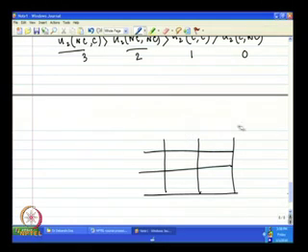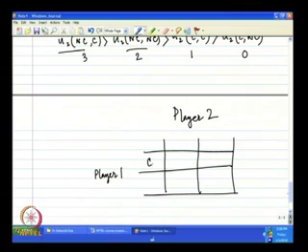Let me write it somewhere else. And here player 1 is situated here, player 2 is situated here, this is the first row, first column, second row, second column.